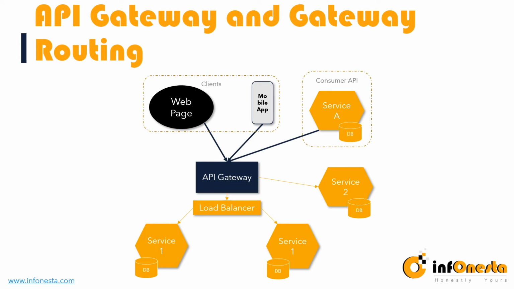We can add the aggregation logic to the API gateway if we need to combine any responses for a particular call from the client. Direct calls from consumer services without API gateway are possible, but this pattern supports isolation and adds a layer of abstraction. So this is API gateway.